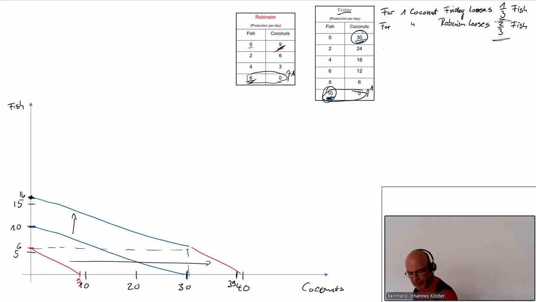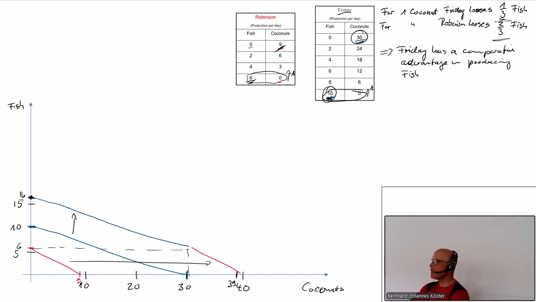So let's summarize this here. So this means Friday has a comparative advantage in producing fish. And from the other example, we already know the comparative advantage just is inverted if we look at the other good.